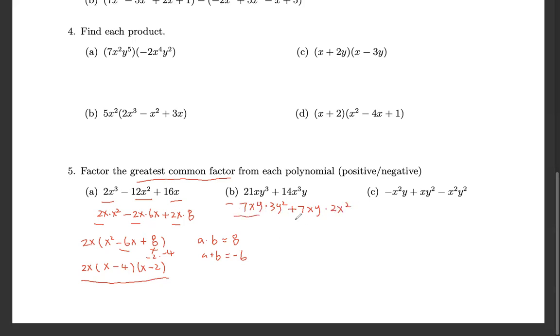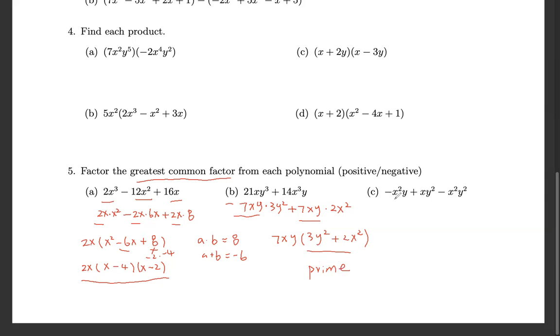Now 7xy is a common factor. So factor out 7xy, we have 3y squared left for the first one, then 2x squared left for the second one. And then this cannot be factored anymore. Cannot be factored, we call it a prime expression, or prime.